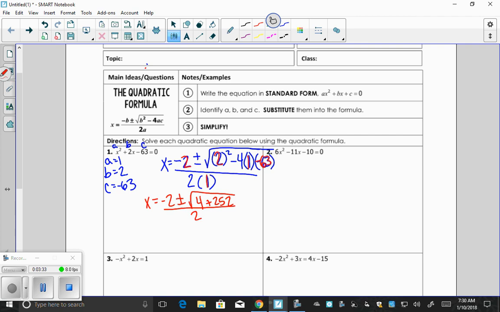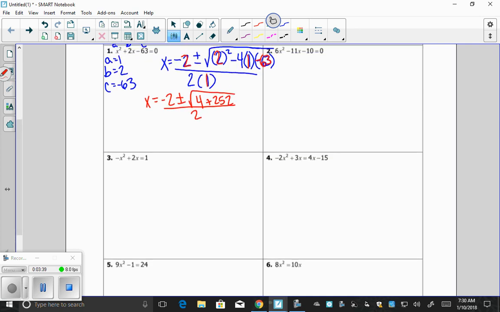Well, 252 plus 4 now is going to give me the square root of 254. I'm sorry, not 254, 256, divided by 2.